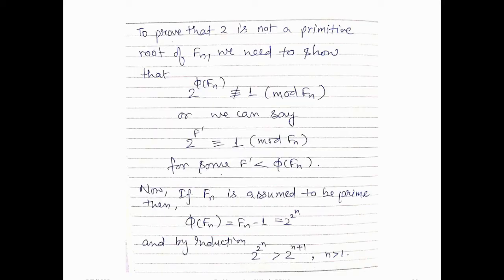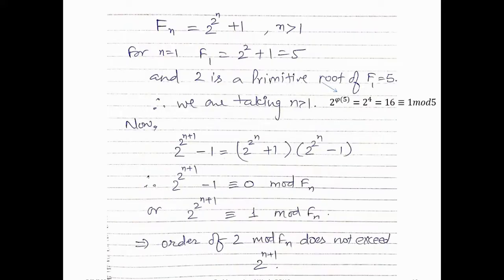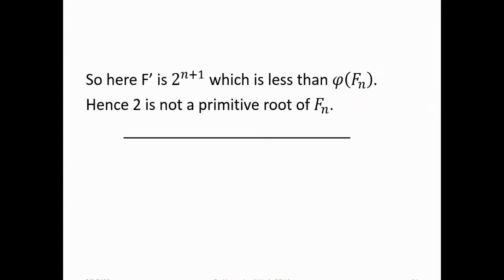So here, we were saying that there exists some f dash which is less than phi of Fn. So this is your f dash, which is less than phi of Fn, and it is giving 1. So that means 2 is not a primitive root of Fn.